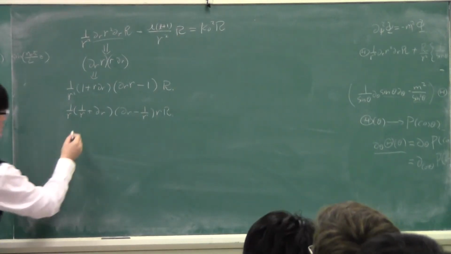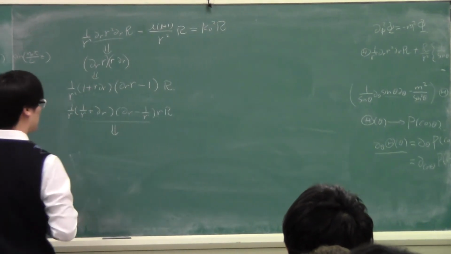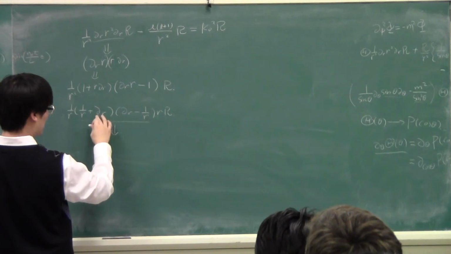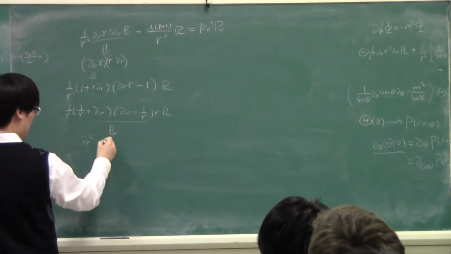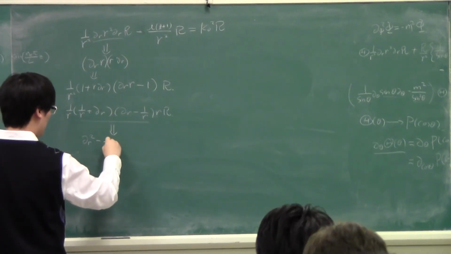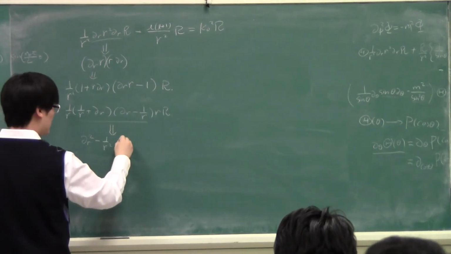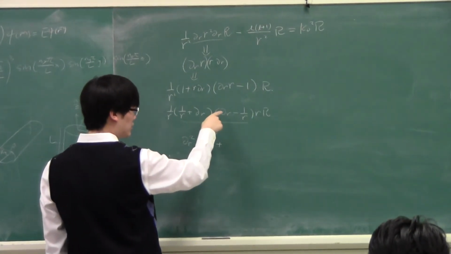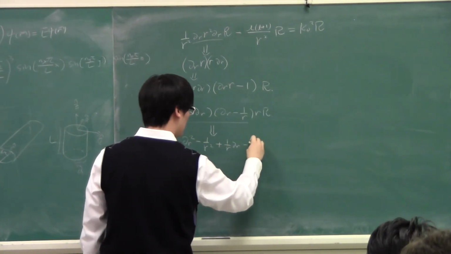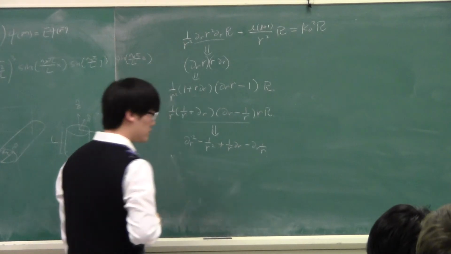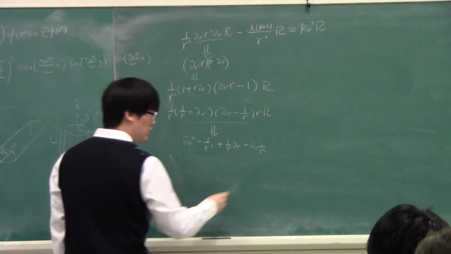Okay. Now what is this operator? Let's just do the math. First of all, you're going to get the second derivative, obviously. And then you're going to get minus 1 over r squared, right? And then you will have, with a plus sign, the 1 over r appearing to the left of the differential operator, and with a minus sign in the other order. So now let me take the differential operator across 1 over r.